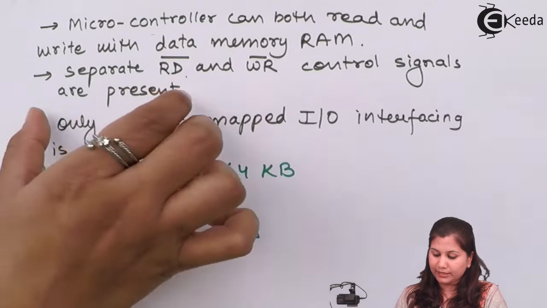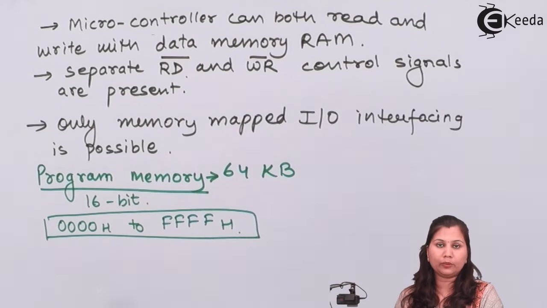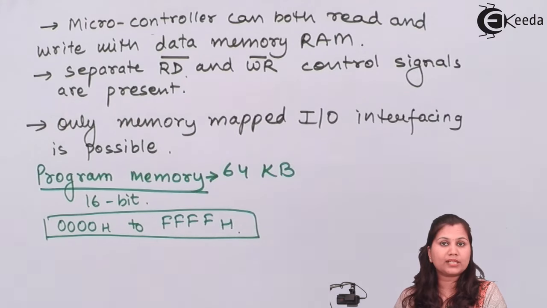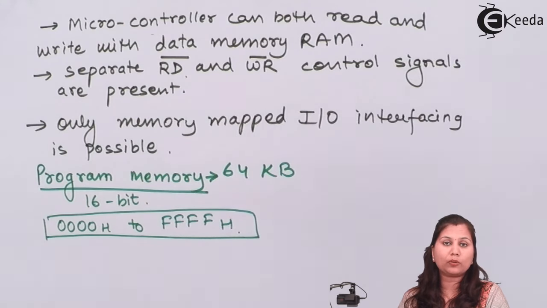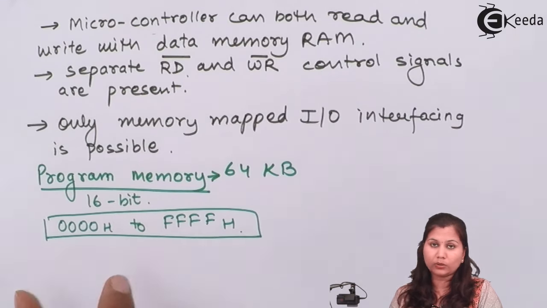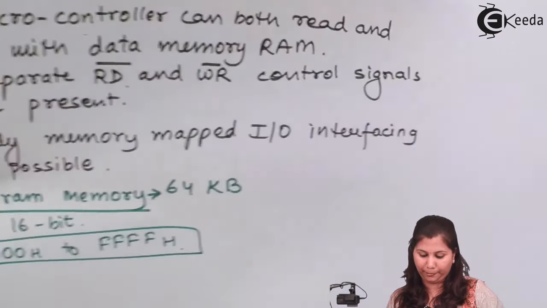Now we have studied that the program memory can only be read; the programs can only be read from it. And we use the signal PSEN, that is program store enable, for it. Now let's see how this PSEN signal affects this program memory.